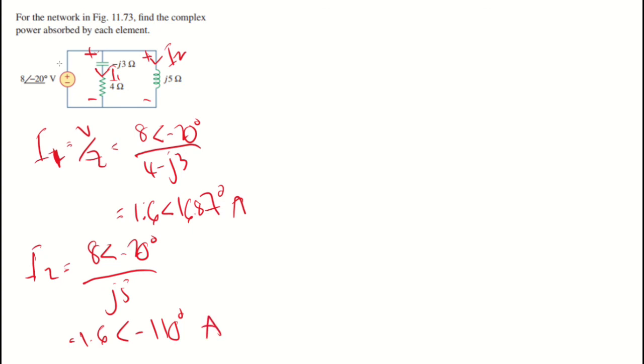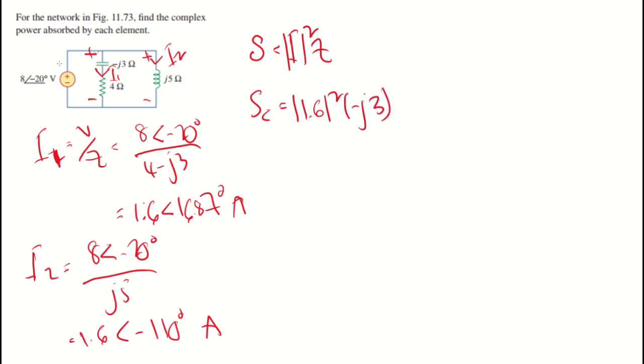Once you get the current of each branch, we can get the complex power of each element. S is equal to I square Z. For example, for the capacitor, the current flowing through it is I1, so 1.6 square times Z, the impedance of the capacitor, minus j3.